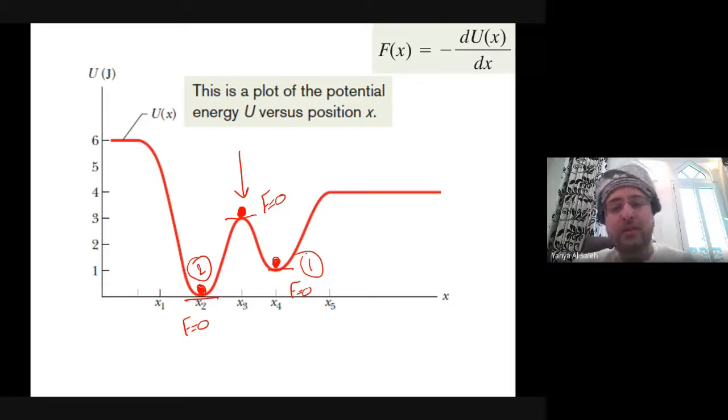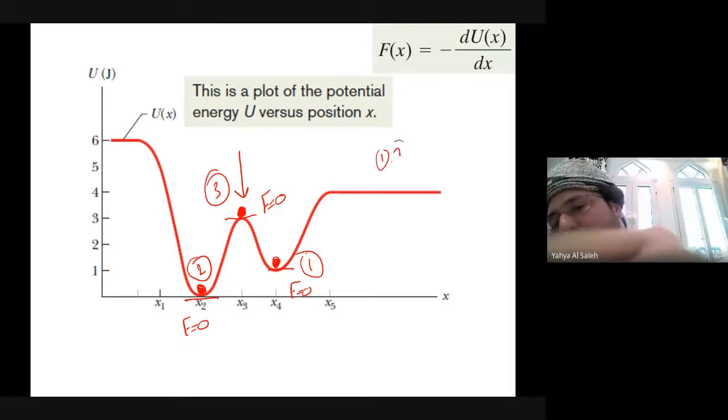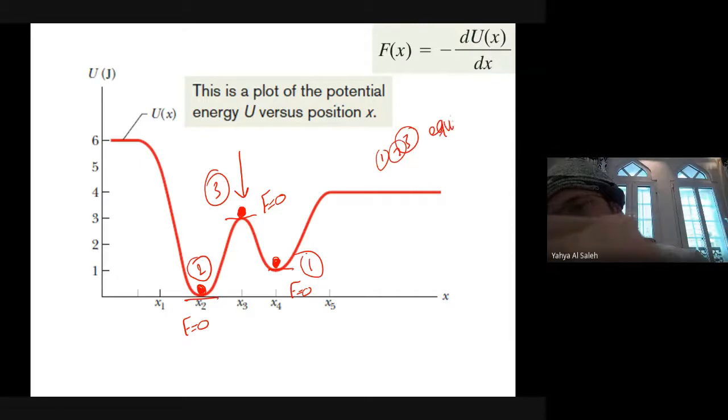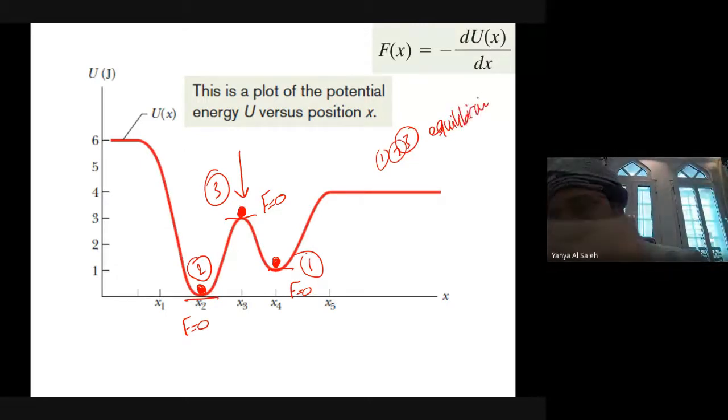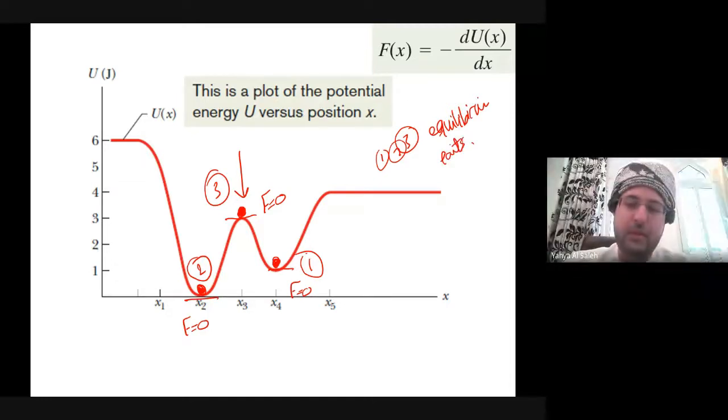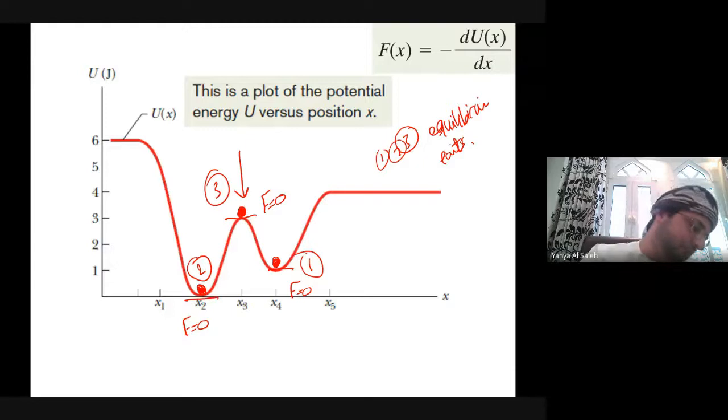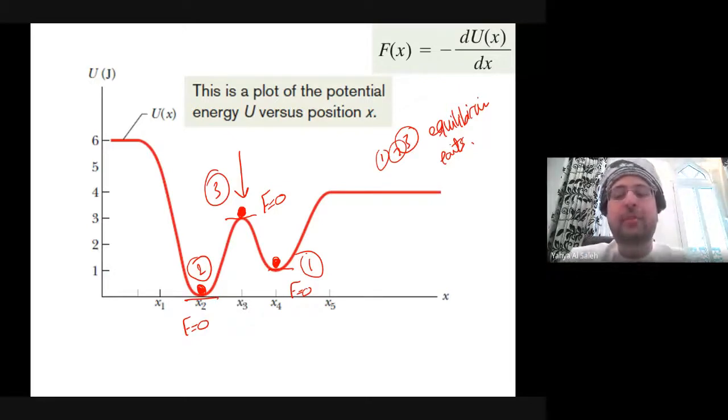On the other hand, at point 3, slope is 0, force is 0. So all three, 1, 2, 3, are equilibrium points.